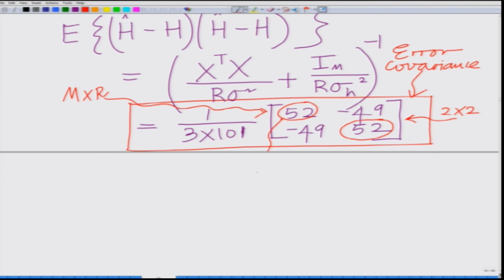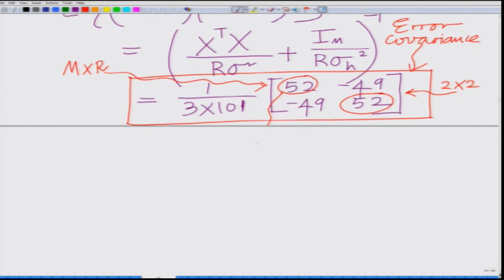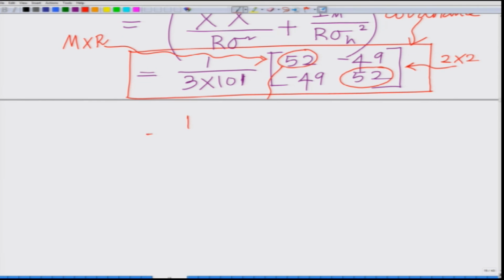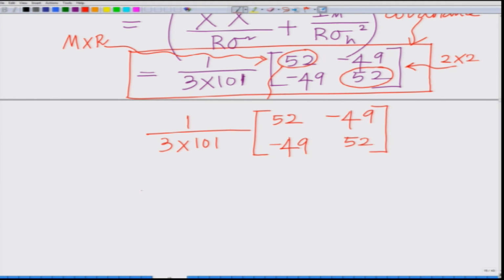For instance, this 52, or let me write this 1 over 3 times 1 cross 1 into [52, -49; -49, 52].